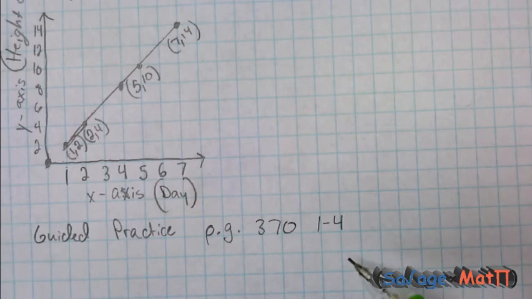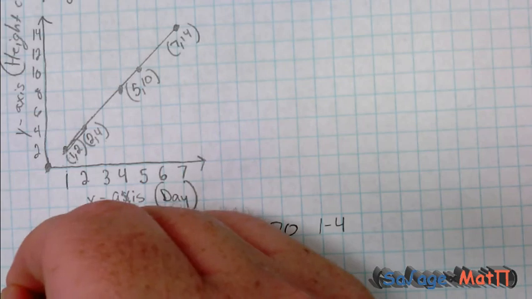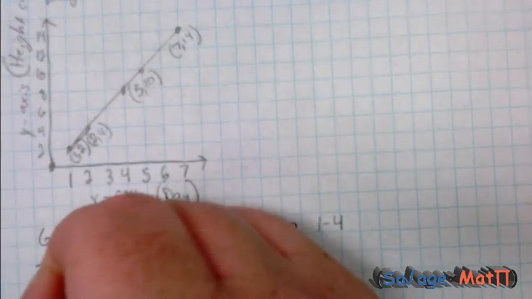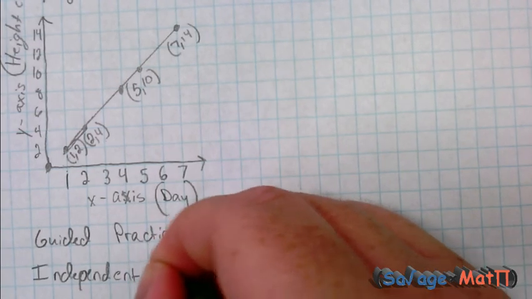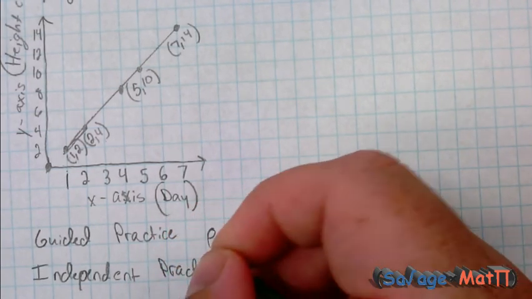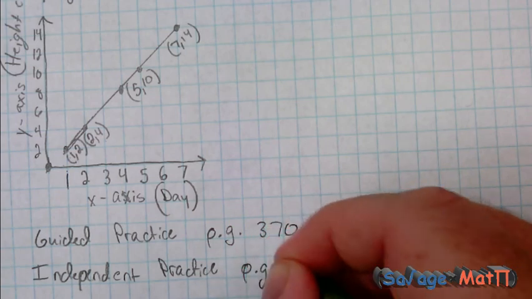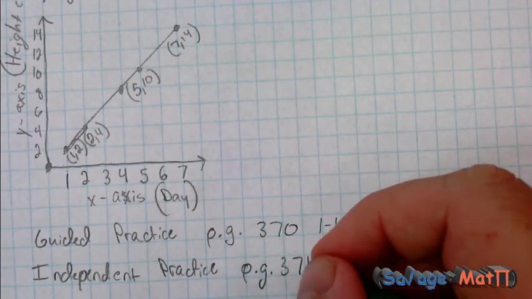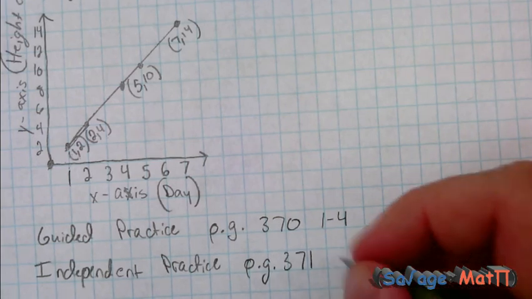So once you're done with guided practice, get it checked by Ms. Russell or I. And then for independent practice, page 371. We're going to do 5 through 11 all.